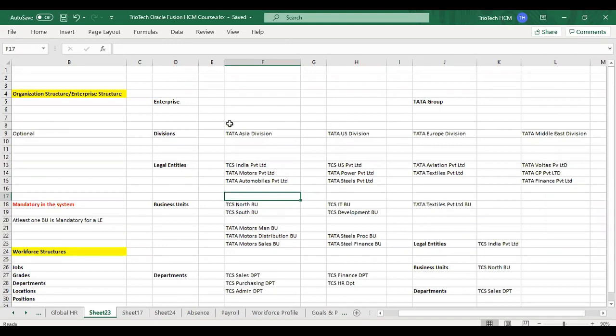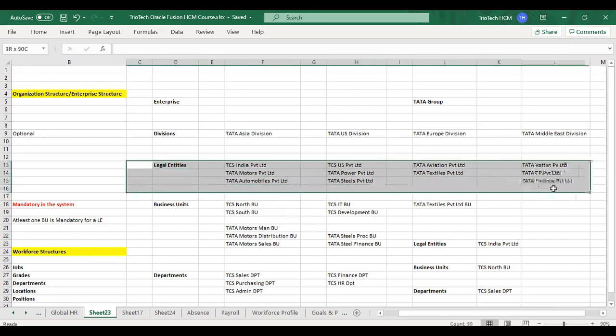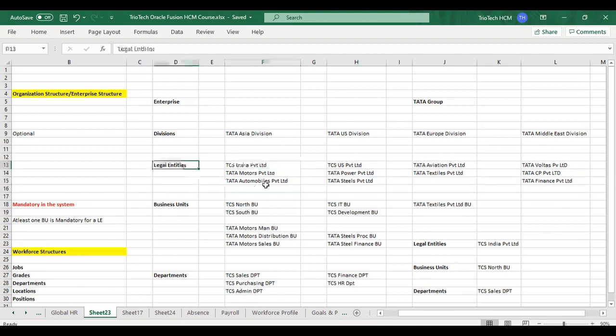Now, whenever we are configuring this concept of legal entities, all the actual registered companies of our client, when we are configuring them in the system as legal entities, we should know about three more concepts. So I will try to introduce three more concepts within the org structure definition. What are those?